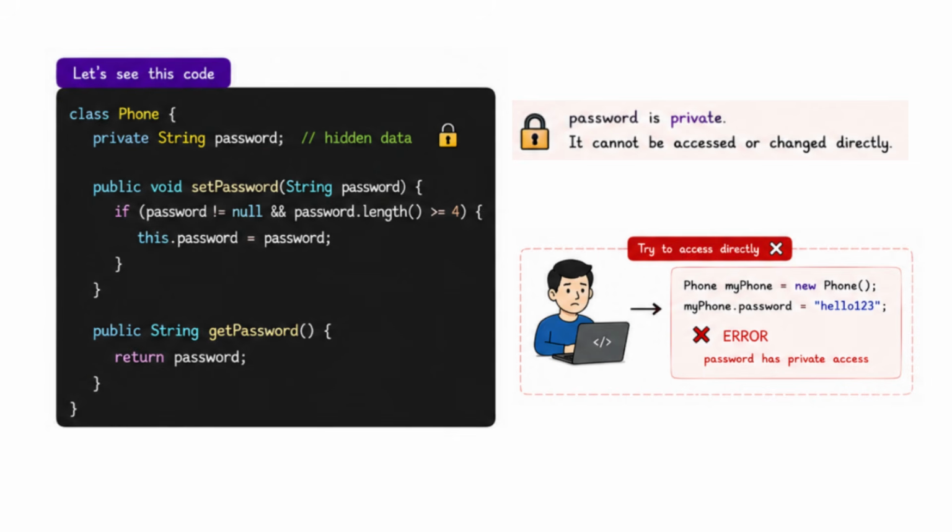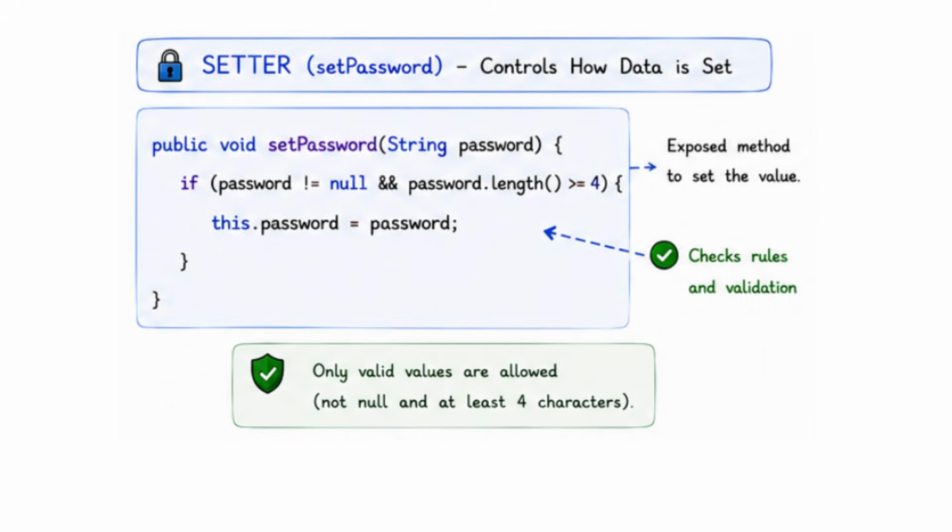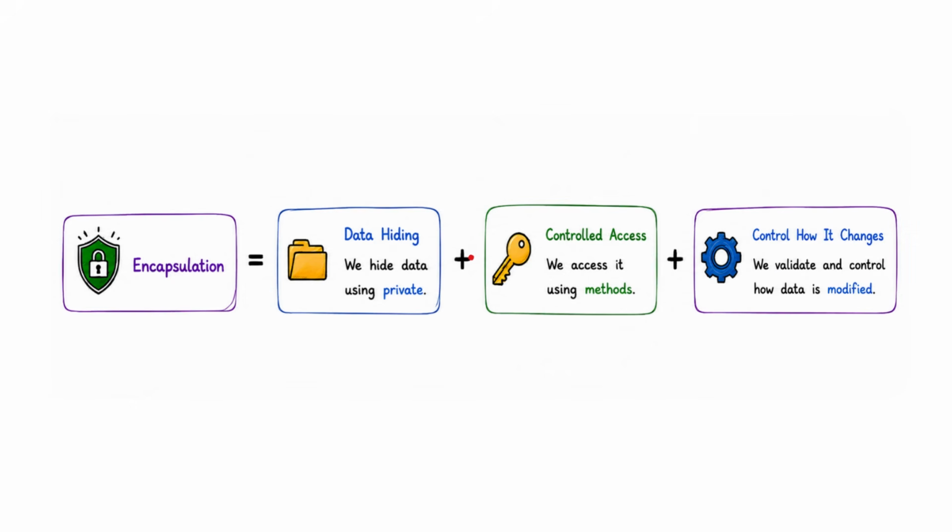So now instead of direct access, we have exposed a method setPassword to set the value of the password field, and that is useful because now we are controlling what value is allowed by putting in validation rules so that invalid values are not allowed. This is what encapsulation is, because we are hiding the direct data access and controlling who can access it.